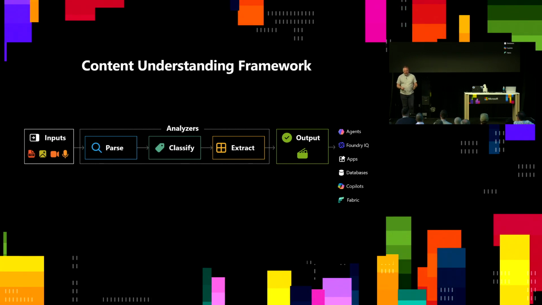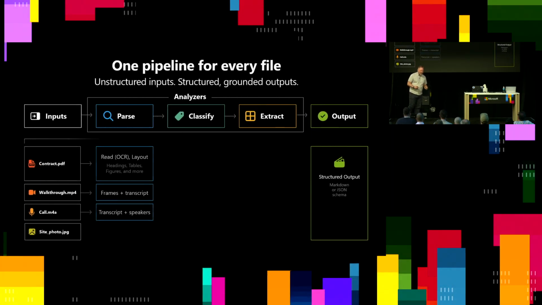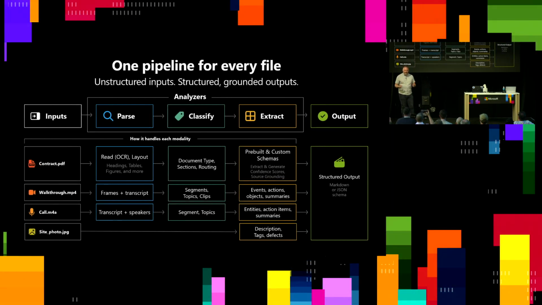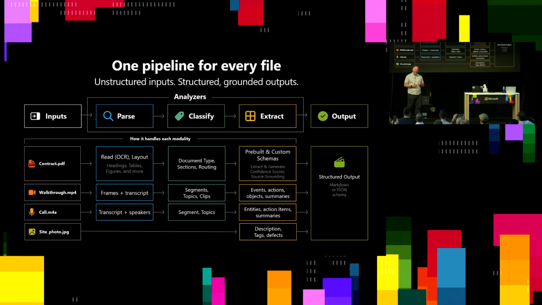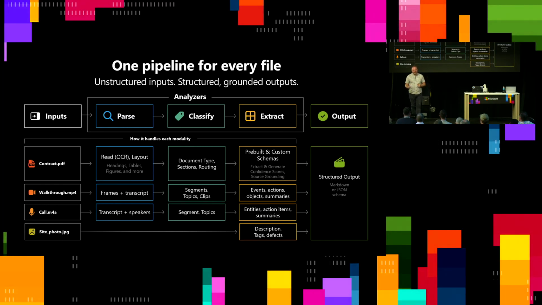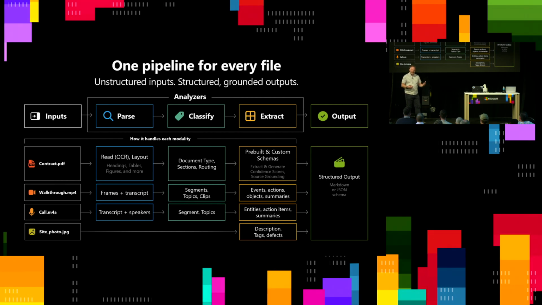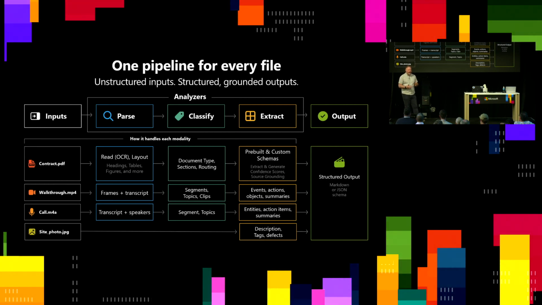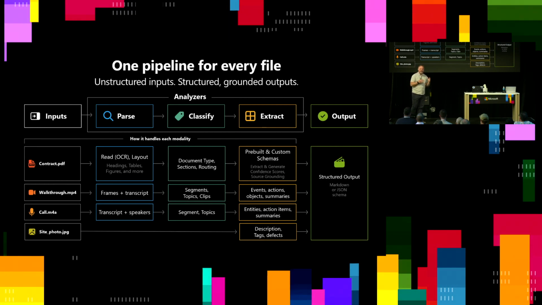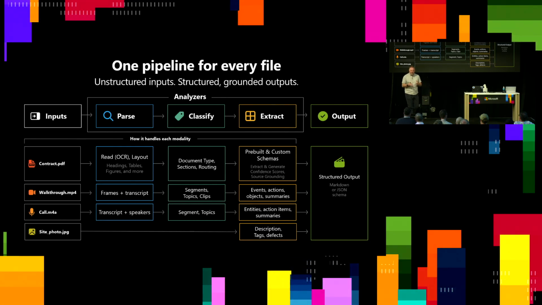This same pipeline is available for any modality. You can bring in any kind of file, a video, an image, a document, a PDF, even older formats like zip files or email files, and there's a custom tailored solution that gives you the best results for that file type.